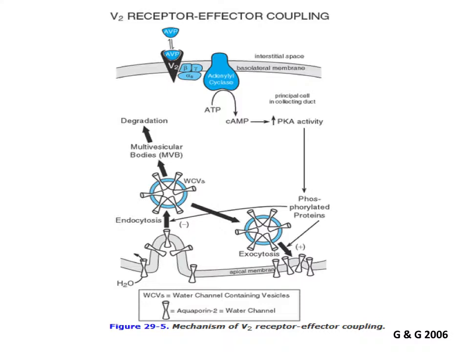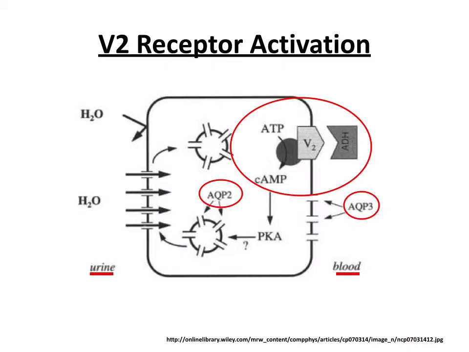A series of steps occur that I'm not going to have you memorize, but you do need to know that this is going to stimulate the insertion of these water pores in the apical membrane. So here's going to be the urine, right? The water is going to come out of the urine and be put back into the blood by V2 receptor activation. So this is just another way to look at it.